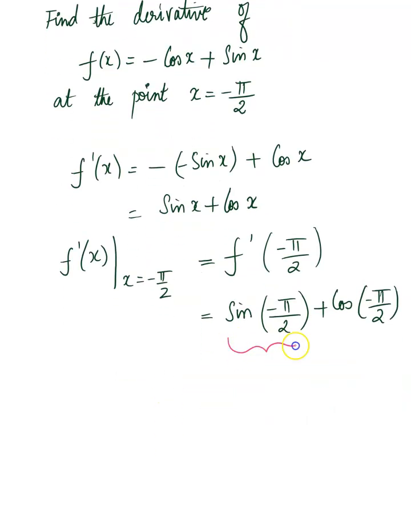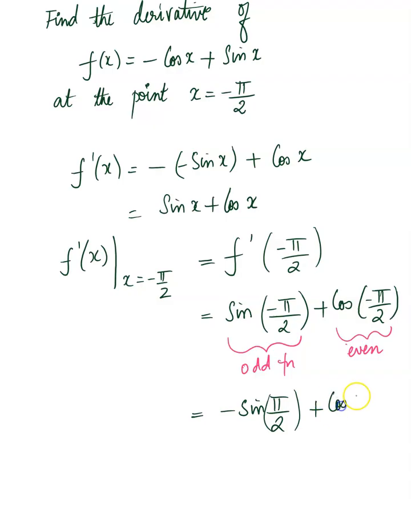Calling back on the idea of oddness and evenness of functions, you know that sine function is an odd function. That means it spits out the minus. The minus goes in front of the function. Cosine function is an even function. That means it absorbs that minus. So what you'll see then is that the minus comes out for sine pi over 2, and the cosine absorbs that minus, so it's the same as saying cosine of pi over 2.